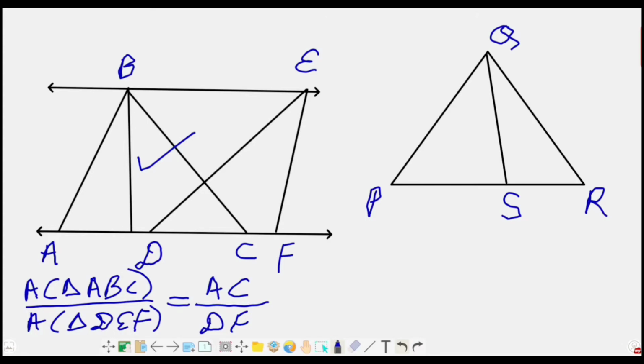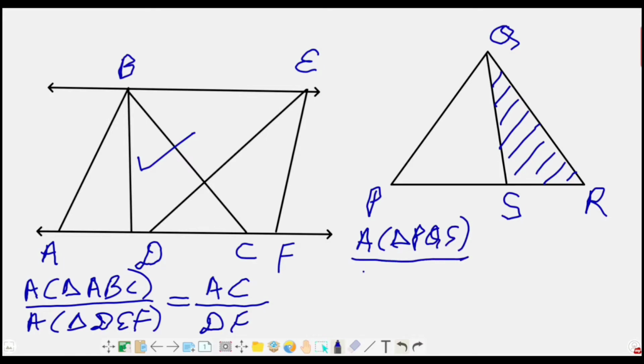In the same way, in the second figure, I have taken QS, which divides the triangle into two triangles. So in all there are three triangles: two smaller triangles and one combined triangle. If I take the area of triangle PQS and the area of triangle QSR, their bases are on the same line and the opposite vertex is Q. So when I draw the perpendicular from Q to PR, it remains the same for both triangles.